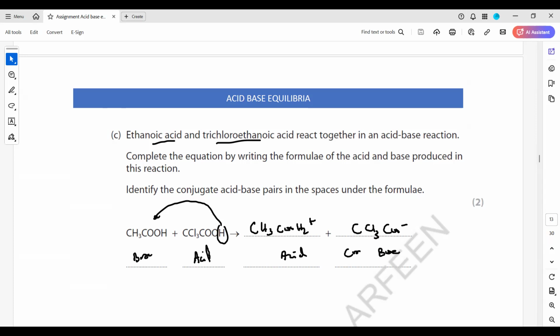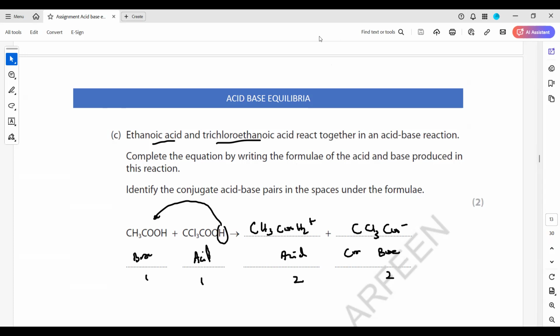We should write conjugate, or you can also say acid 1, acid 2, base 1, and base 2. I prefer to use conjugate rather than base 1, base 2, or acid 1. So how did we work it out? We worked it out by comparing the dissociation constant value, or the Ka value. Is it clear, this one?